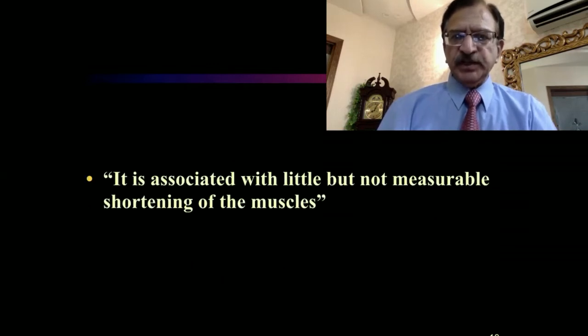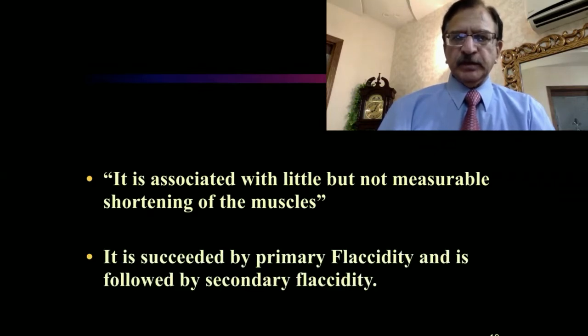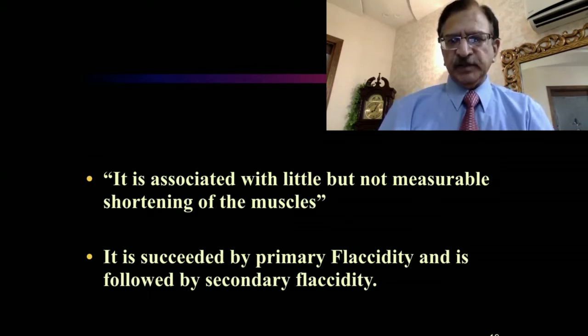It is associated with little but not measurable shortening of the muscle. It succeeds primary flaccidity and is followed by secondary flaccidity. Primary flaccidity is due to loss of innervation, loss of central nervous system, and the secondary flaccidity or secondary relaxation is because of the degeneration of putrefaction.